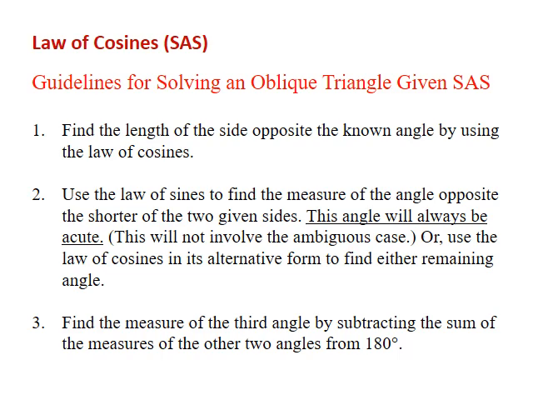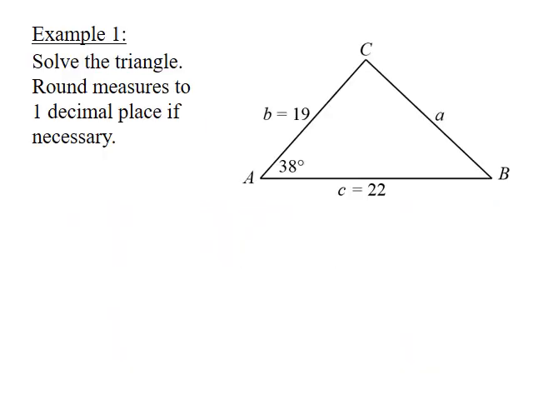So anytime you're dealing with the law of sines, use the smallest angle first, and then you can use the law of cosines. And I'll kind of show you what I mean. All right, let's just jump into an example because I think it will be helpful to see it.